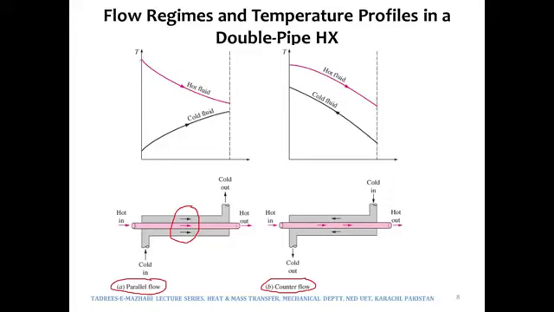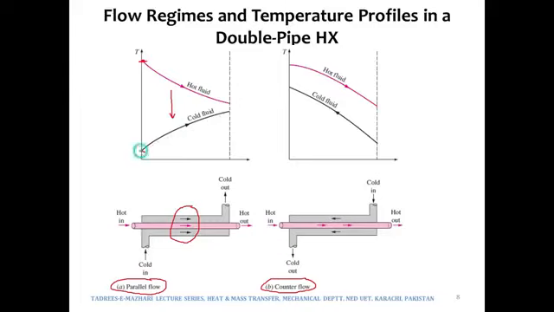Over here the hot fluid enters at the highest temperature, which we may call T_H,in, and as it moves along the length of the heat exchanger, its temperature gradually goes down because it is giving away energy to the cold fluid, and since it is giving energy to the cold fluid, the temperature of the cold fluid is on a rise.